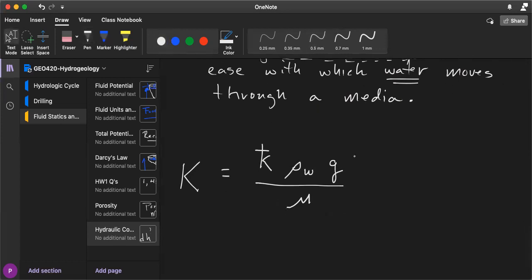So rho water, we know. What's rho water? Yep, density of water. What is g? Yeah.